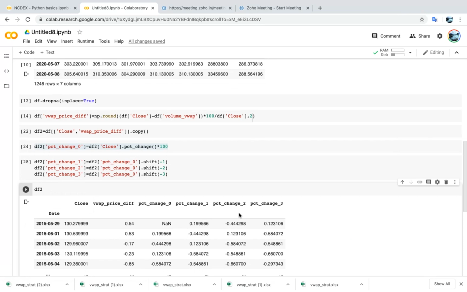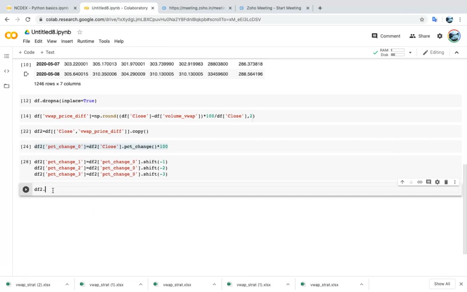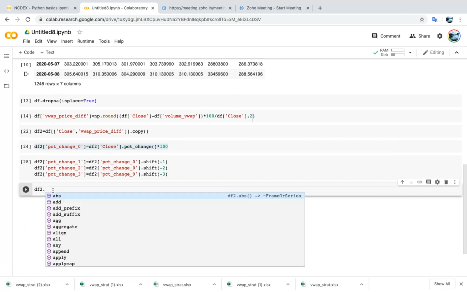So what we will do now, I don't know how to do further programming. I'm very basic in programming. So now let us try to analyze what kind of strategy we can make out of it to make it more profitable.